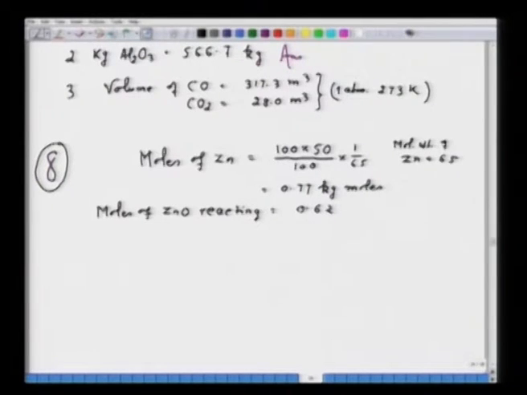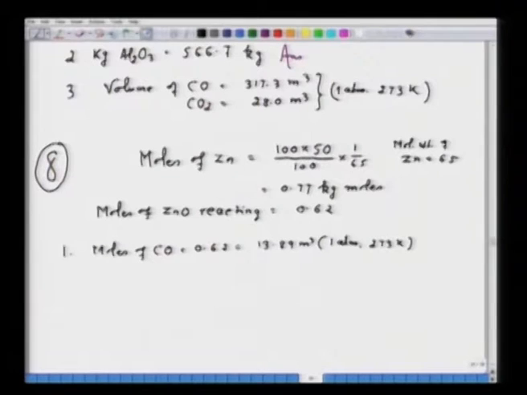Now, straight away one can find out the answer. So, I am writing down the answer for you. Answer for 1, that is moles of CO, that is equal to 0.62. This is equal to 13.89 meter cube at 1 atmosphere and 273 Kelvin.